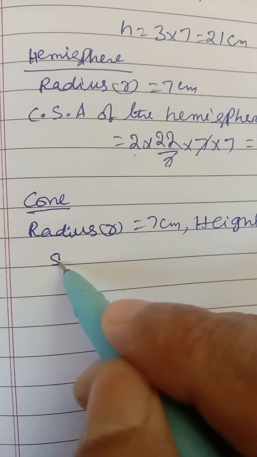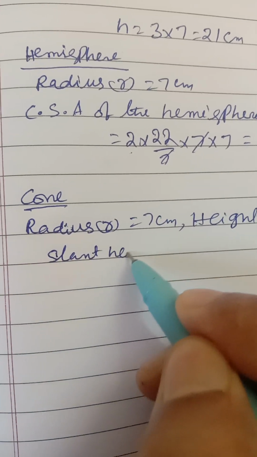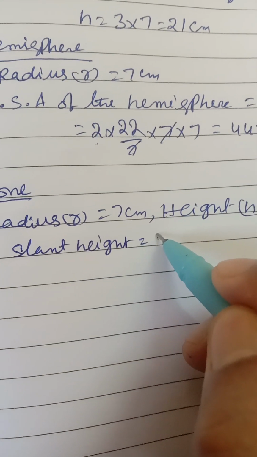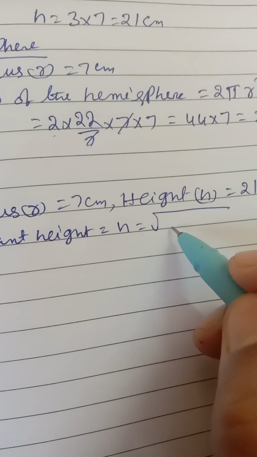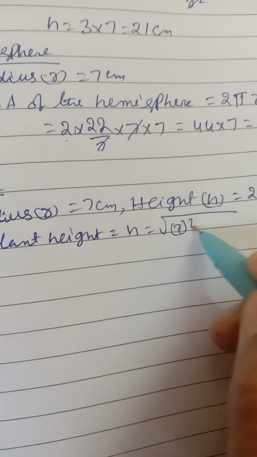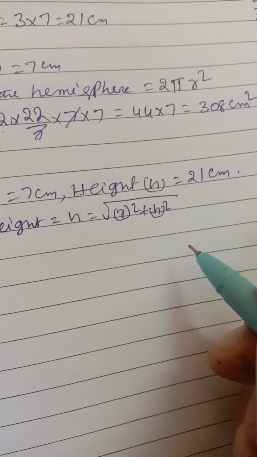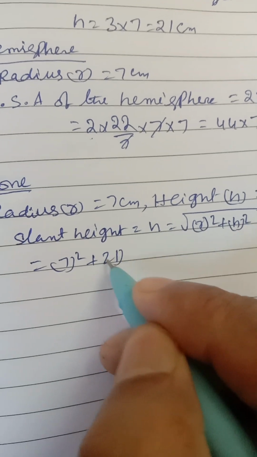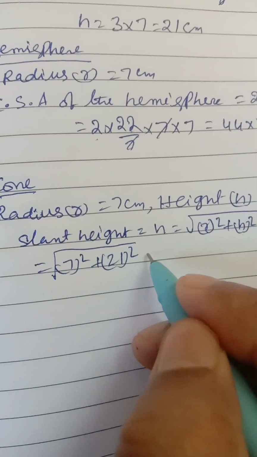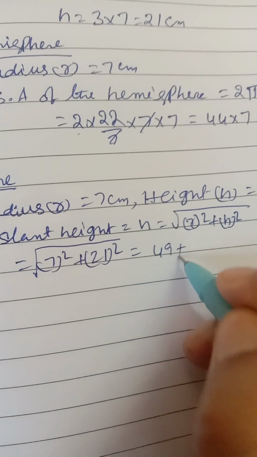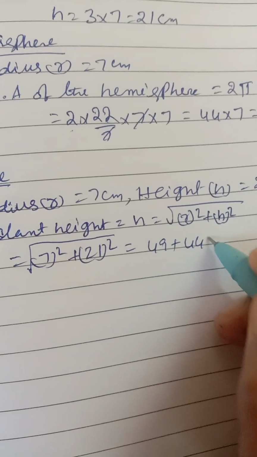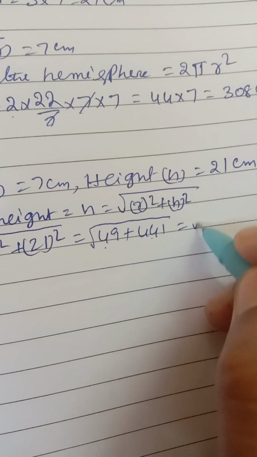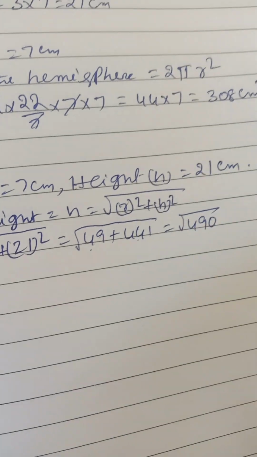Slant height l is equal to root of r square plus h square is equal to 7 square plus 21 square. 7 7s are 49, plus 21 into 21, 441, is equal to 441 plus 49, root of 490.